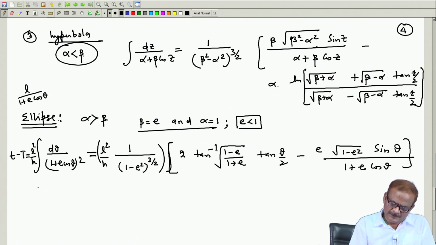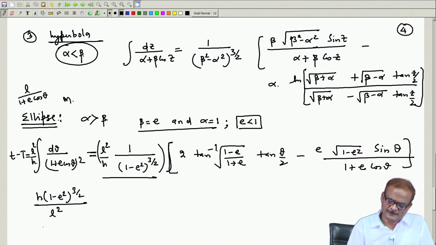So, ultimately we have to express it in terms of M. We bring this quantity on the left hand side, and this will be h times (1 minus E square) to the power 3 by 2 divided by L square times t minus t naught, and on the right hand side then we have this whole quantity to be copied.